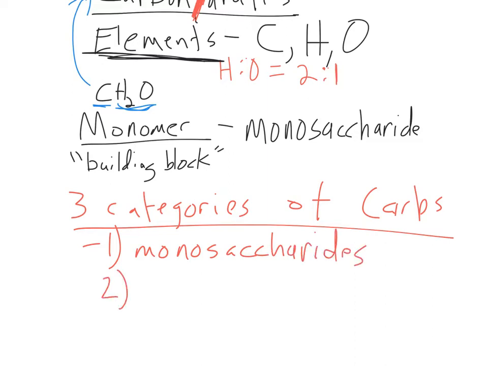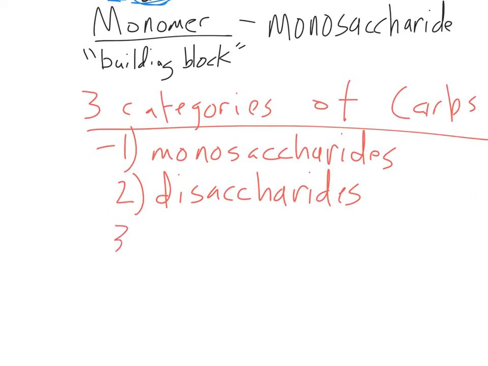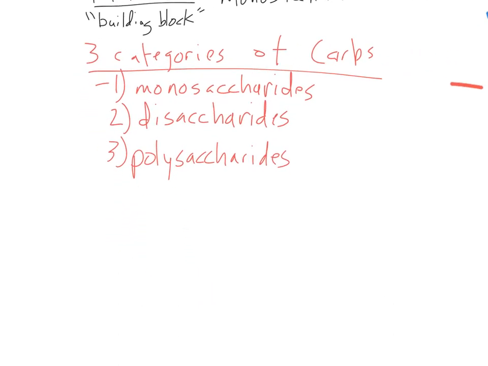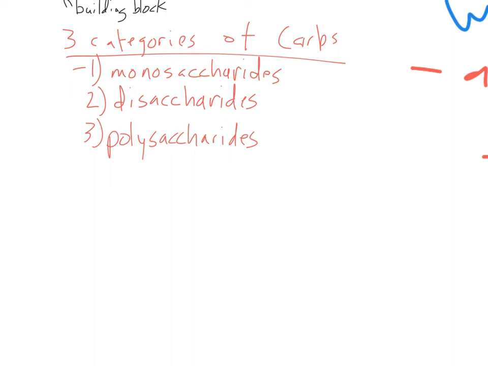The second one, disaccharides. And then last but not least, polysaccharides. Now I'm going to give you examples of all of these, but we got to hurry. Okay, so let's start with monosaccharides.